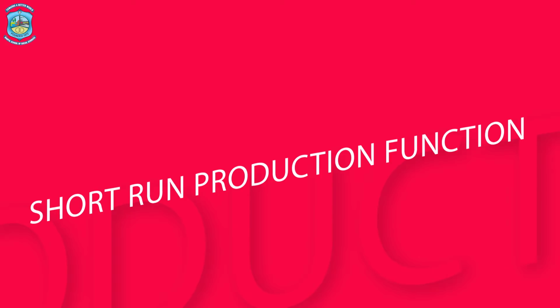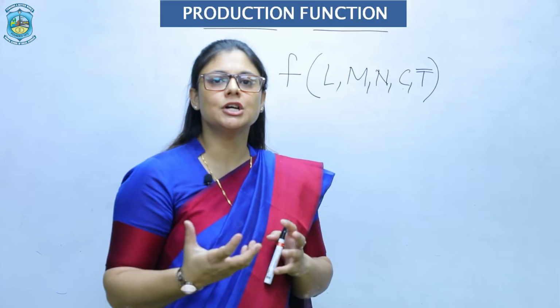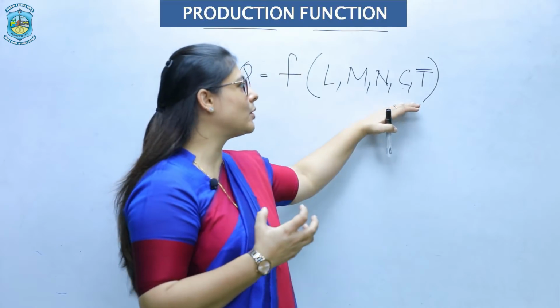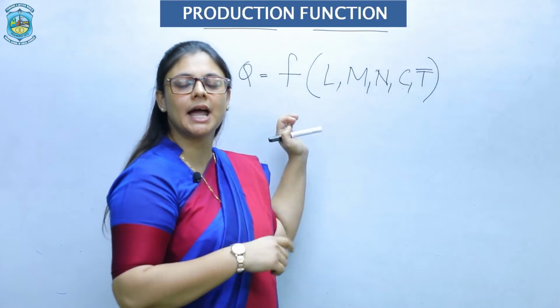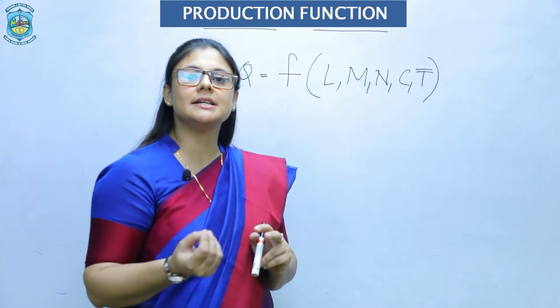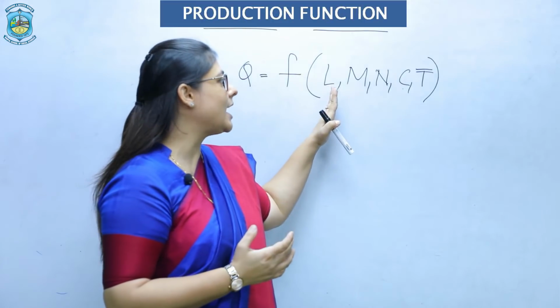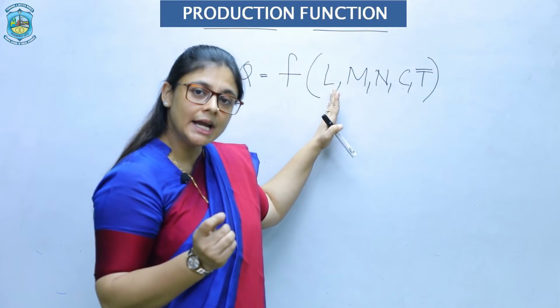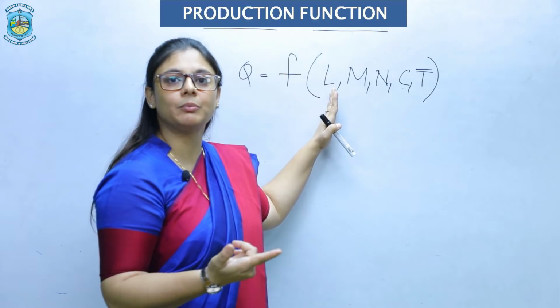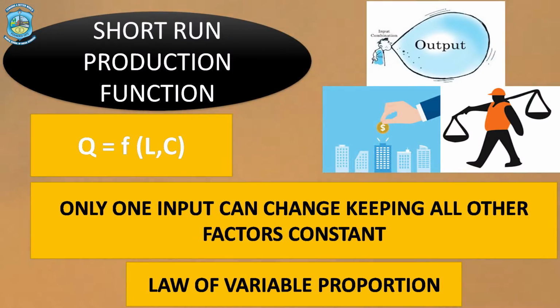In the short run production function, it is very difficult to change all the inputs required for production at one go. That is the reason there is a possibility that we change only one particular input in order to maximize the output, but keeping all the other inputs fixed.